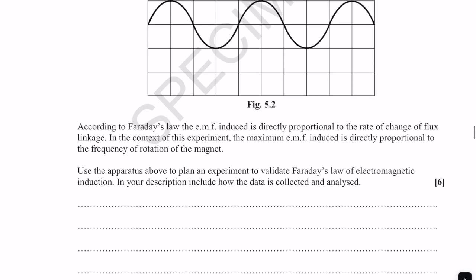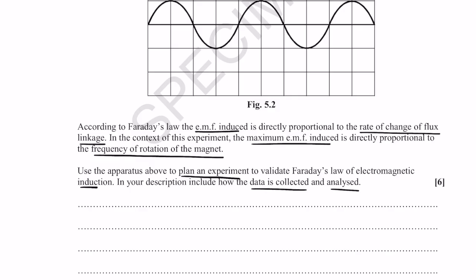According to Faraday's law, the EMF induced is directly proportional to the rate of change of flux linkage. And in the context of this question, the maximum amplitude induced is directly proportional to the frequency of the rotation of the magnet. Use the apparatus above to plan an experiment to validate Faraday's law of EM induction. In your description, include how the data is collected and analyzed, for 6 marks.